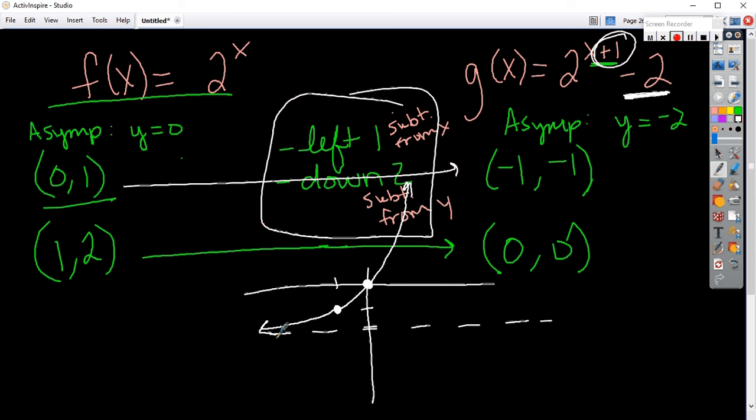It is growth, as it should be, right? Because b was 2. What's the domain on this? Always. What's the range here? Bottom up. -2 is the lowest it goes, up to infinity.